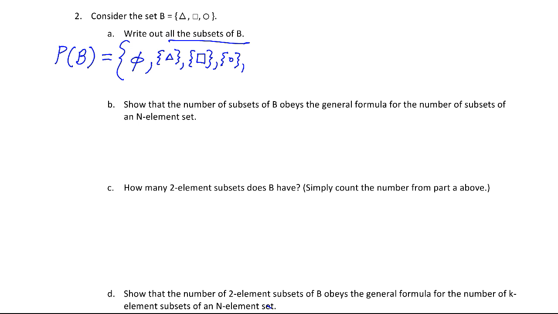Then we're going to move on to subsets that contain 2 elements: triangle and square, triangle and circle, and square and circle.